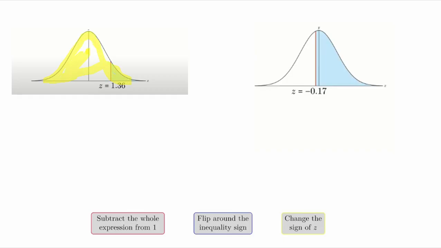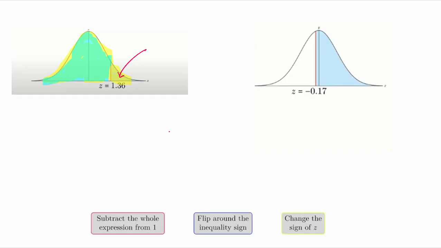If I take the yellow and I subtract the blue part here, I will be left with the area that I want, which is this little one here. Okay?